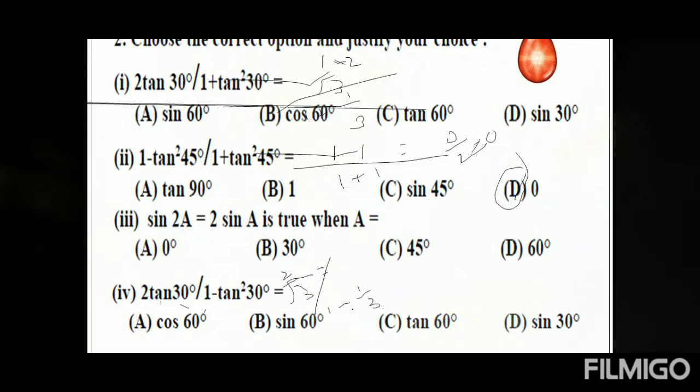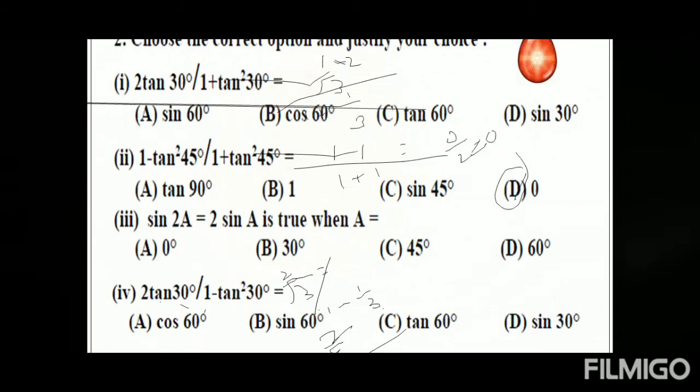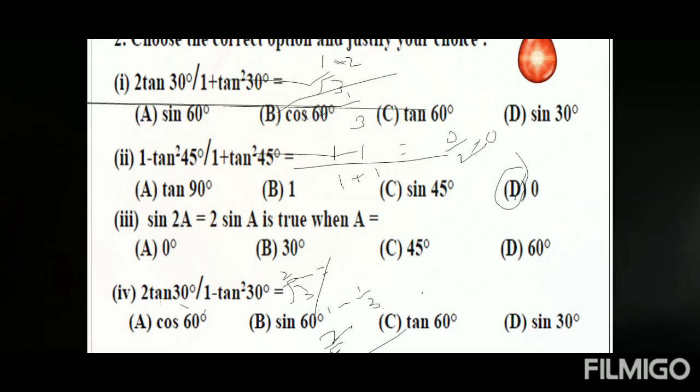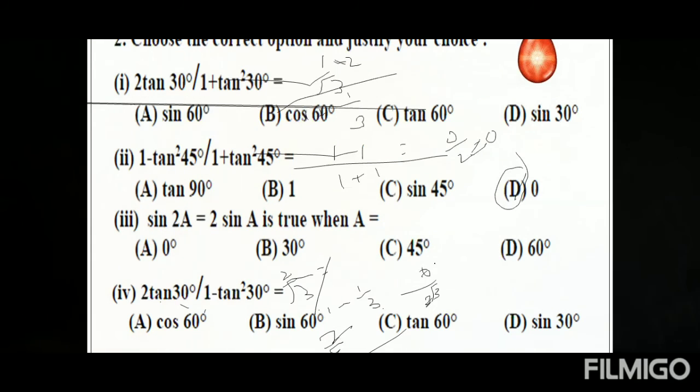So now you need to take 3 as a common LCM. That is 2 by root 3 by 2 by 3. So you need to take 6 by 2 root 3. That is 2 gets cancelled here. 3 by root 3.